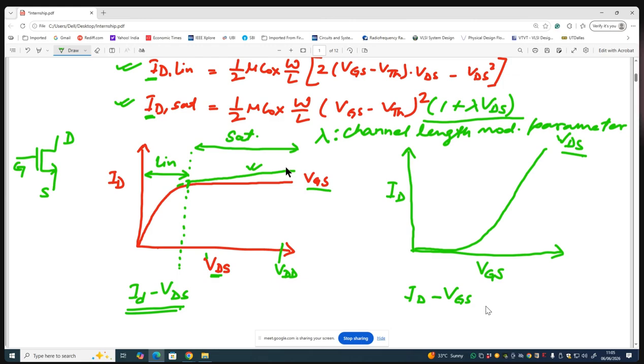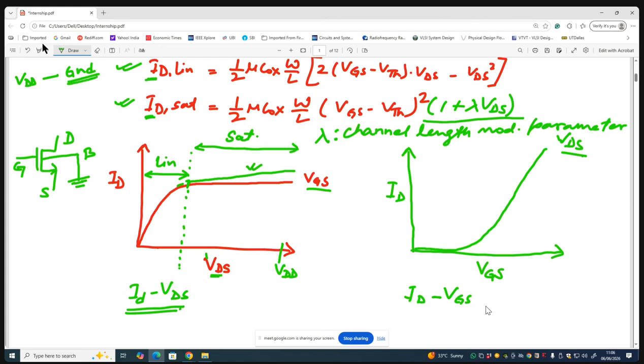Yes, sir. For example, if this is the body terminal, for an N MOSFET the body terminal is always connected to the least voltage available. So if you are using a single power supply, meaning you are using VDD and ground, the least voltage is ground.